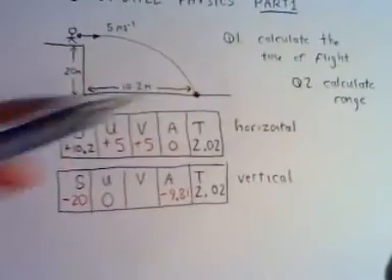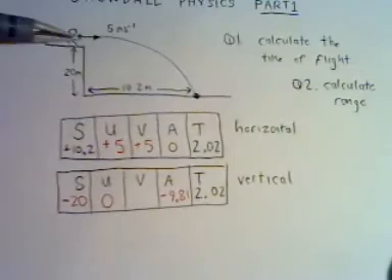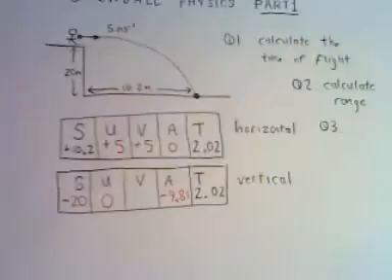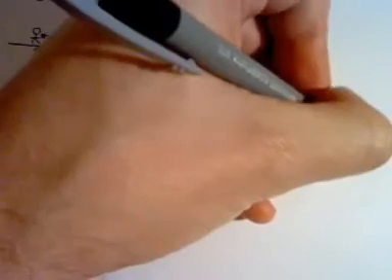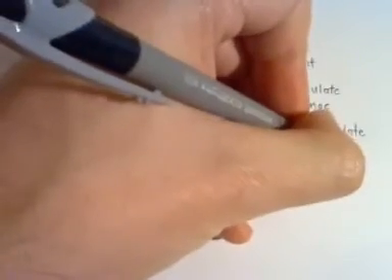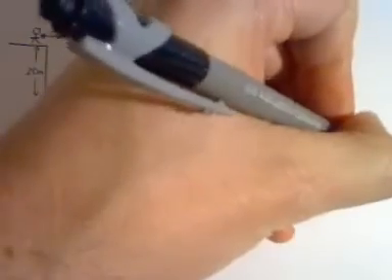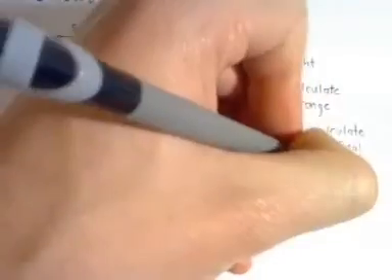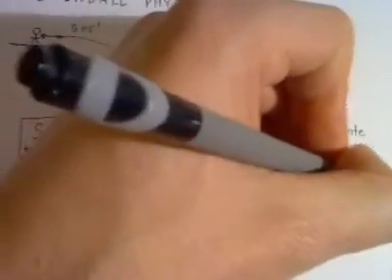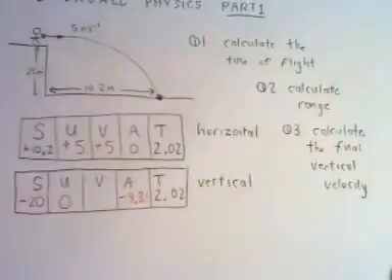Now we know when the projectile lands that horizontally its speed will still be plus 5 meters per second. But what about the final vertical velocity? So question 3, calculate the final, by final here we mean just before landing, calculate the final vertical velocity.